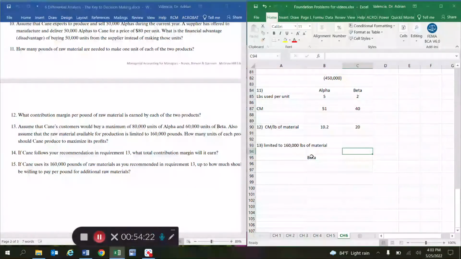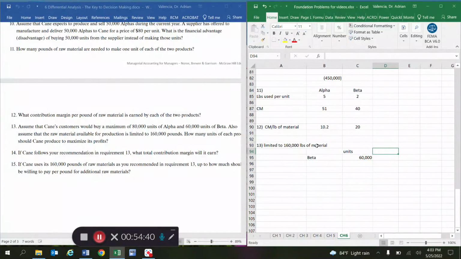So what's the number of units that I can sell of betas, the max? They told us it is 60,000 units. So I'm going to go in there and produce and sell my 60,000 units, and the amount of material, pounds of material used, will be, let me go ahead and multiply that right here.